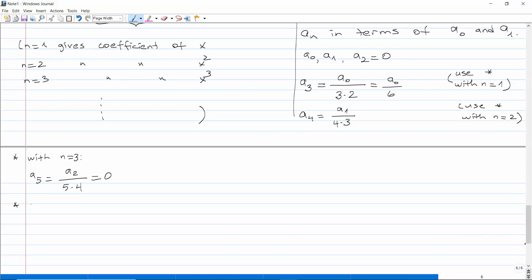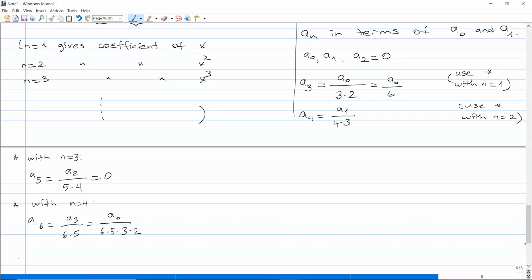Then star with n equals 4: a6 equals a3 over 6 times 5. But what is a3? a3 is a0 over 3 times 2.